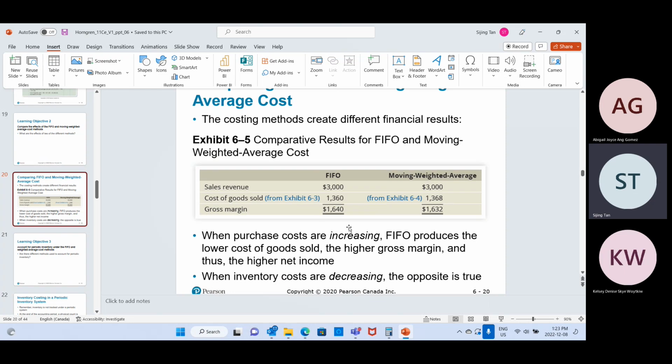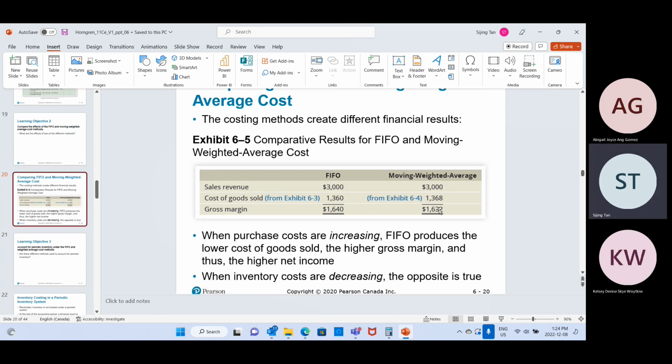So gross margin is higher under FIFO and lower under moving weighted average. It depends on the business which method will benefit it more, right? As we said, the sales revenue is the same value, $3,000 for both methods.